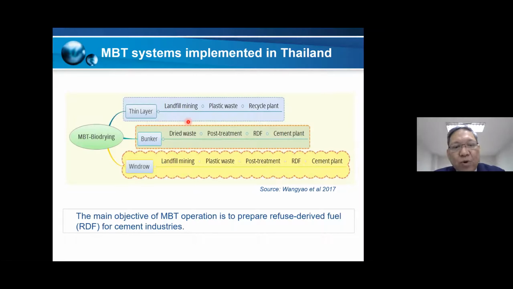Another example I'm going to explain is the bunker system. This has a much shorter processing time, targeted really at reducing the moisture of the waste, and after that we can use the dry waste as RDF in the cement industry.